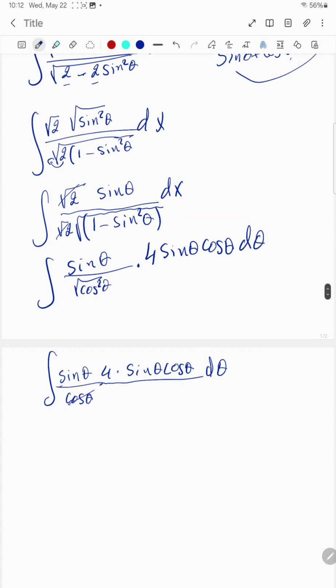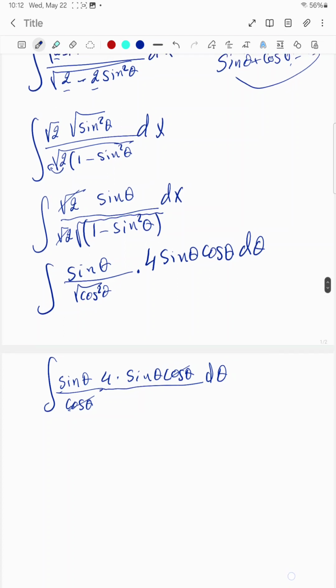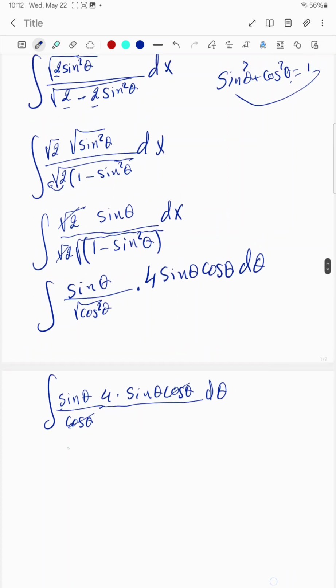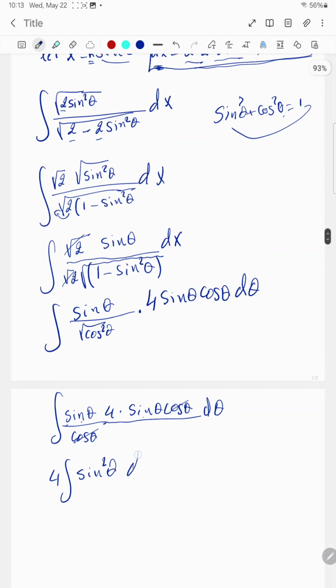Now I know cosine theta and cosine theta, I can simplify. The 4 I can take outside my integral, so it becomes 4 times the integral of sine theta times sine theta, which is sine squared of theta, d theta. Now any integral with a power of 2, we have to bring it to the power of 1.